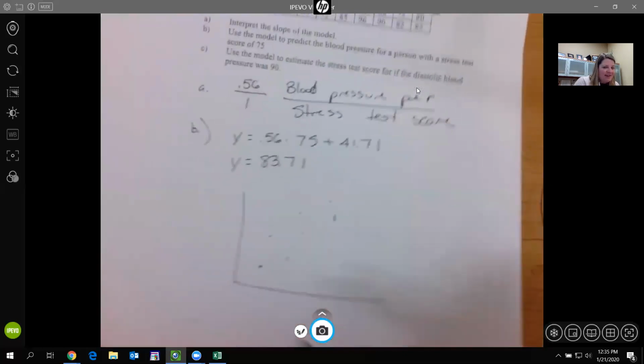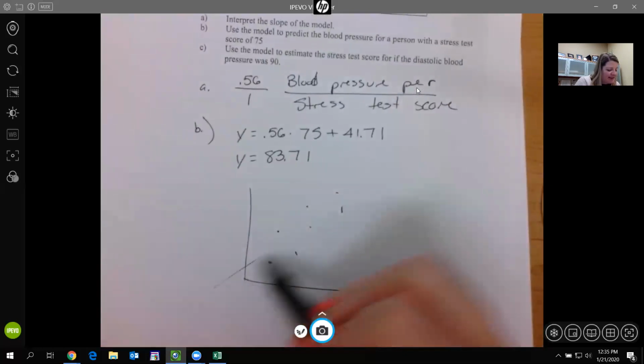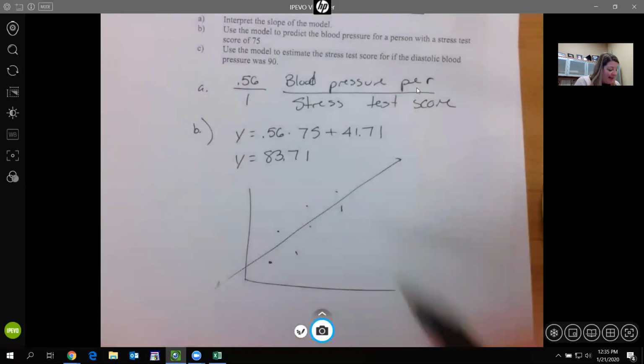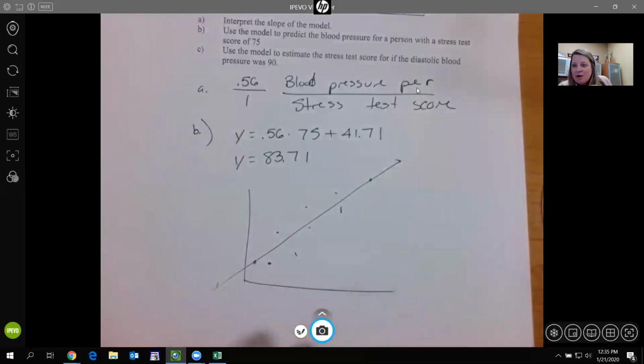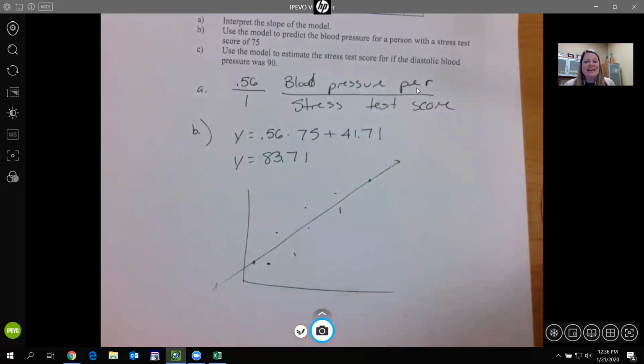I'm going to draw the line that goes through my dots the best it can. And I find any 2 points on that line, and I can find my slope and use my point slope form and find the equation of the line. Like, you don't have to do this on technology, but technology uses the least squares method, which means it makes that line as perfect between your dots as it can be. So definitely better on technology.